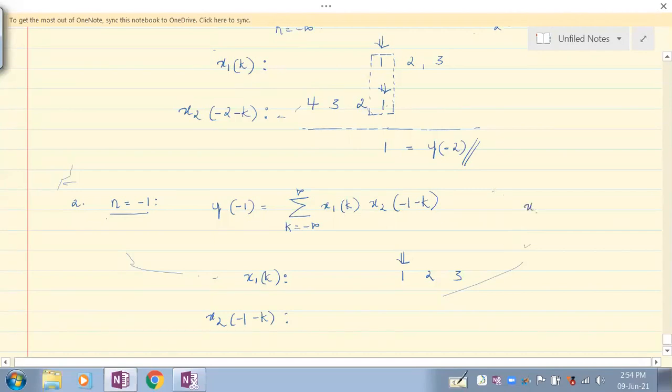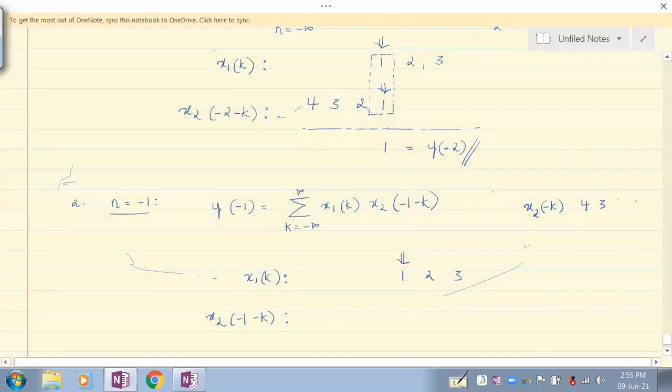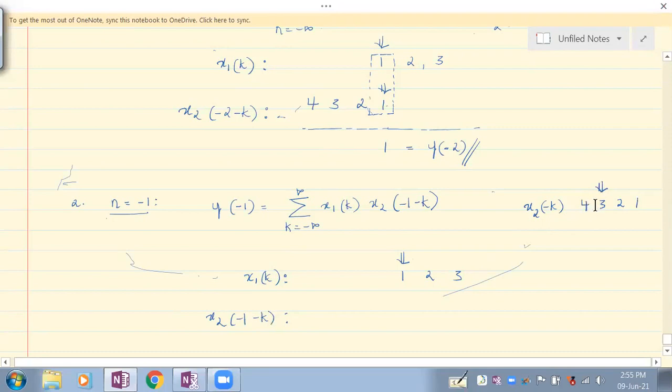Here x2 of minus k is 4, 3, 2, 1 with 3 as the 0th sample. x2 of -1 minus k is shifting x2 of minus k to the left.